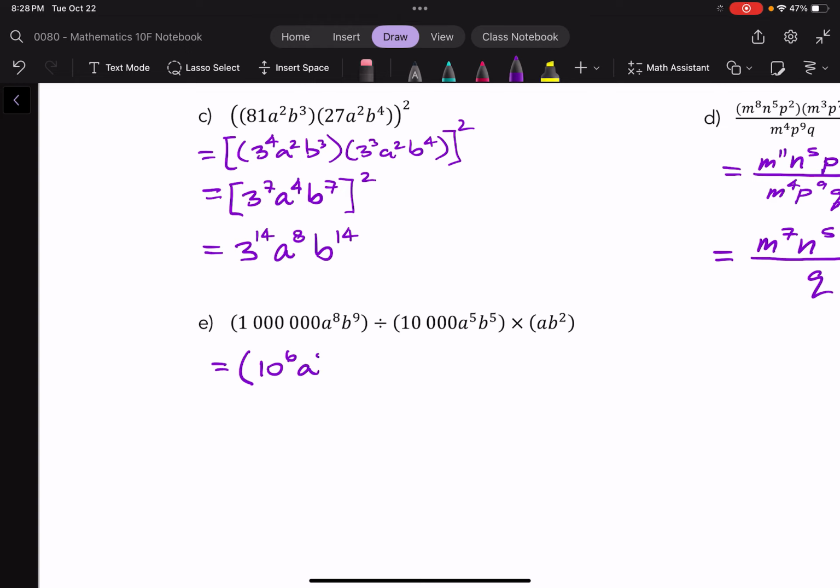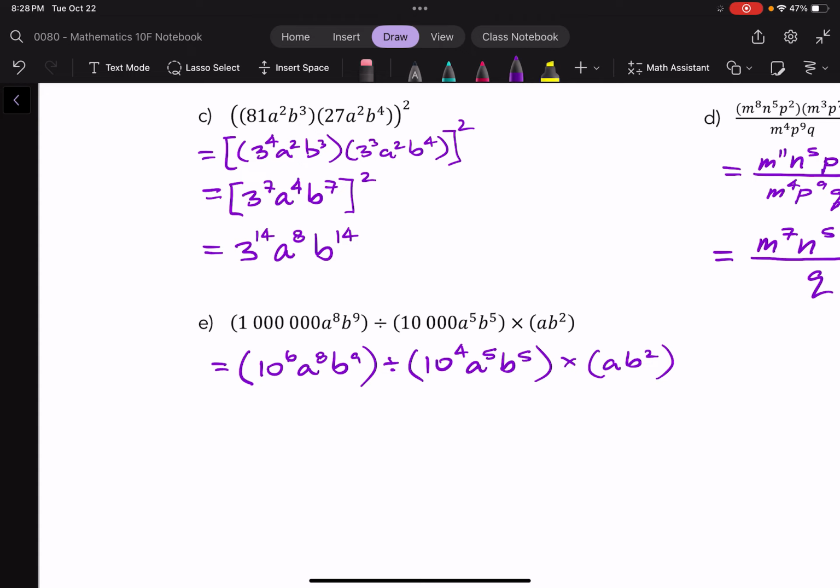Still have a to the 8, still have b to the 9. We're dividing by 10,000, and that's a 1 followed by 4 zeros, so that's 10 to the power of 4. You've got a to the 5, b to the 5, and then this is getting multiplied by ab squared.